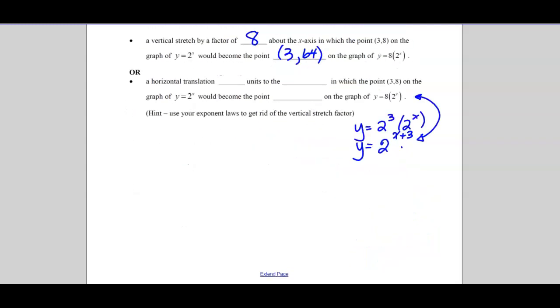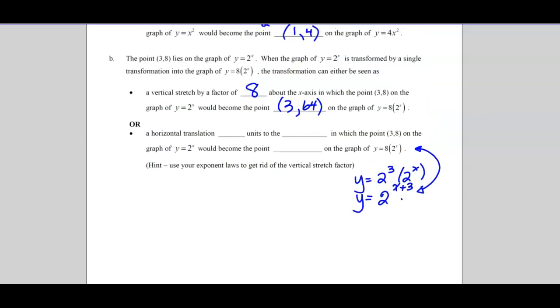Okay? So, by showing it this way, we can see we can translate y equals 2 to the x to the left 3. In which the point (3, 8) on the original would become, well, we would subtract 3 from 3, it would become (0, 8).